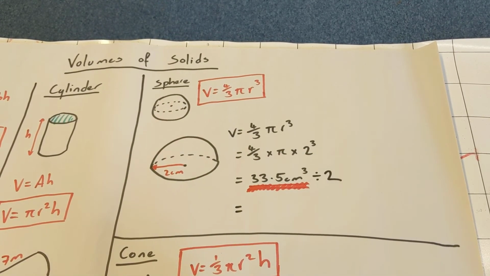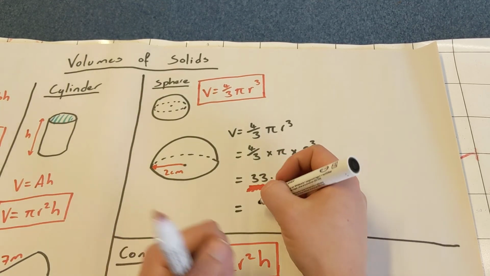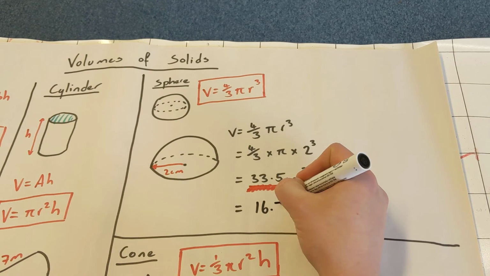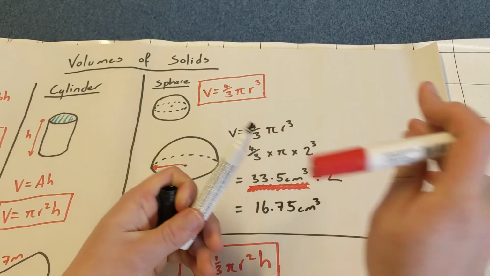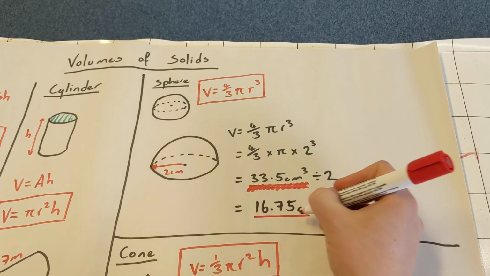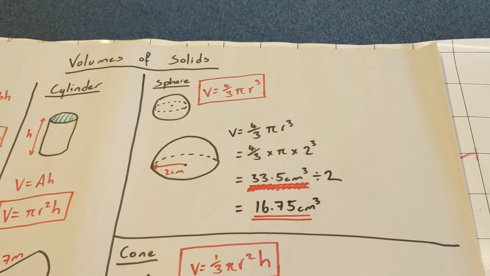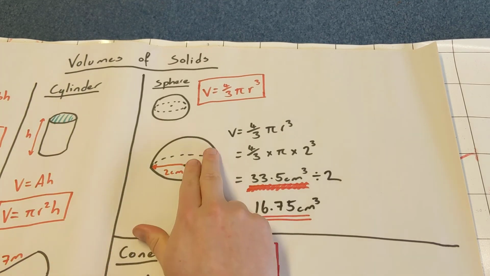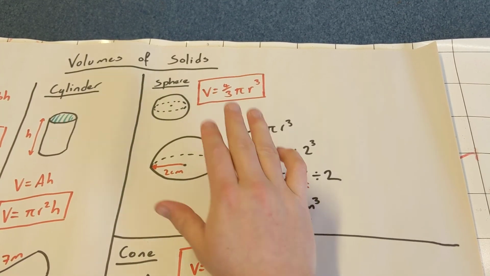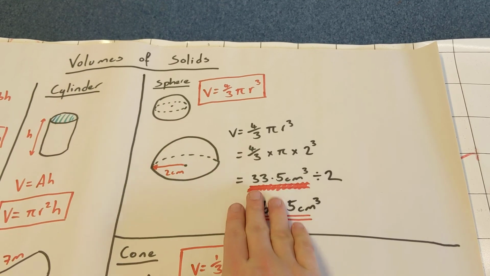So 33.5 divided by 2, and that gives me 16.75 centimeters cubed. So sorry about that. I'll make sure to mention that in the description. So you need to take into account what you're doing. Okay, if it's a hemisphere, half it.